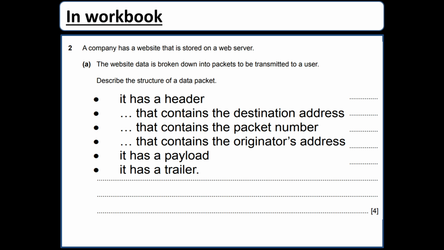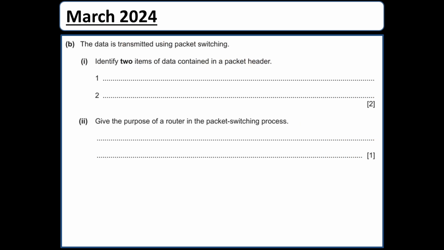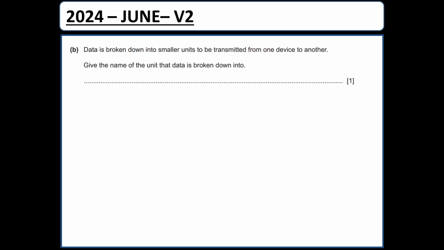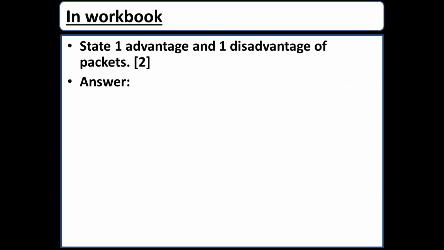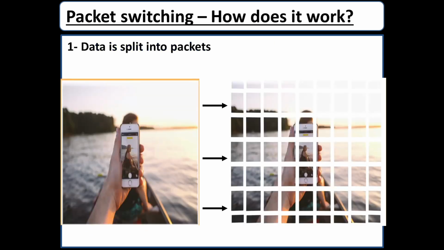You can also mention what's inside the payload and what's inside the trailer to get the mark as well. The questions keep getting repeated again and again every single year, so the more of those exam questions you practice, the better you will be at this.